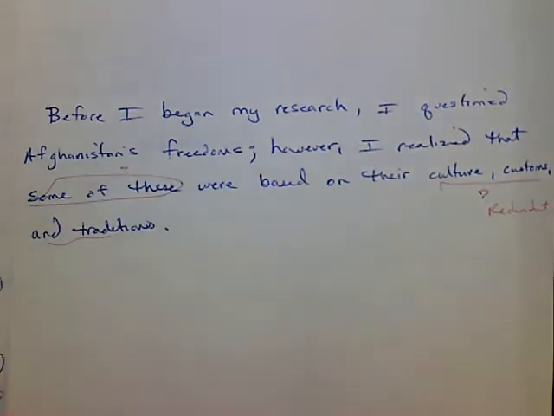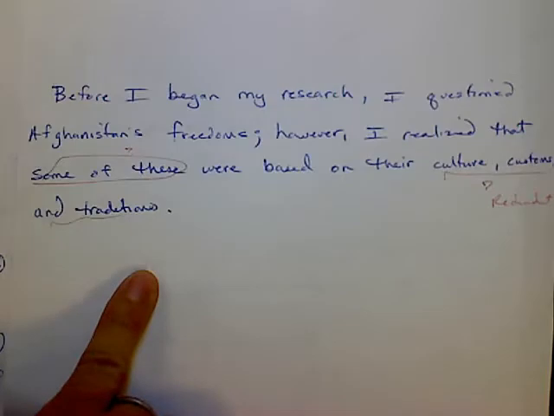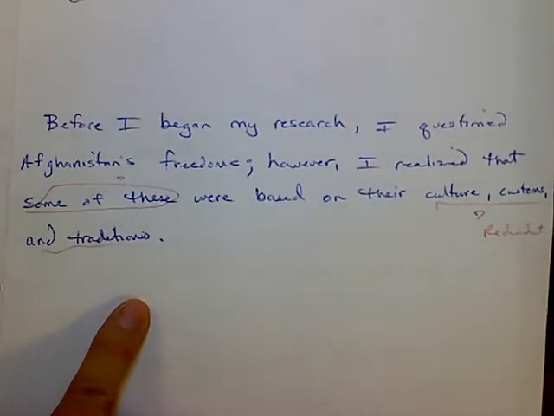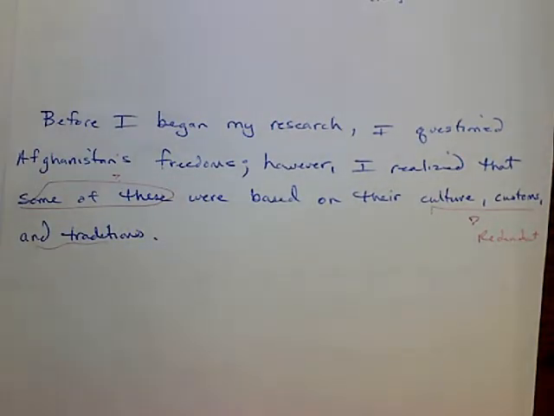However, I realized that some of these were based on their culture, customs, and traditions. And you'll notice that I've got some red pen here. It's because as I got to this point, there are things I'm still not satisfied with. The language, the syntax, the sentence structure, but that's the writing process. I can go back and change that later.